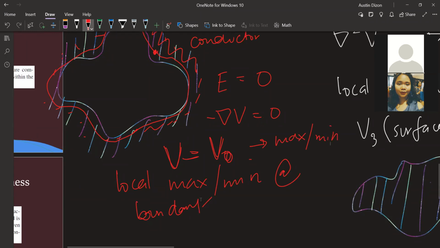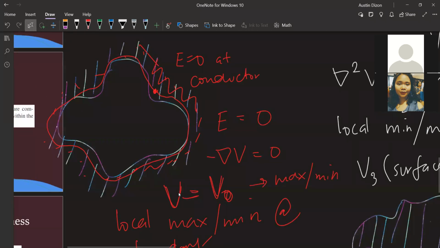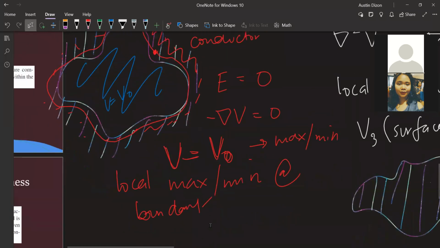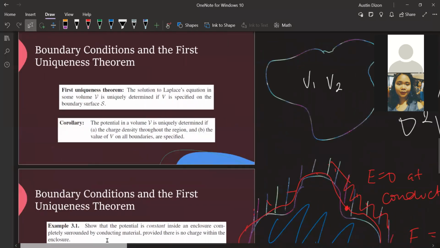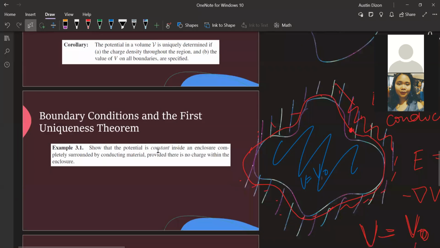Okay? And this tells us that inside, I'll use a different color, inside, V is V naught also. Okay? By the uniqueness theorem. So we are correct that potential is constant inside.